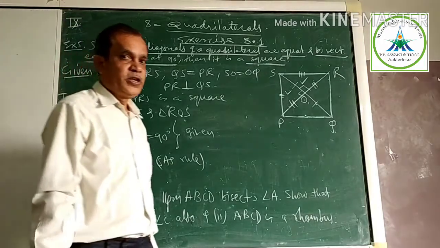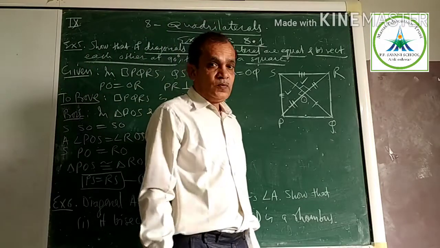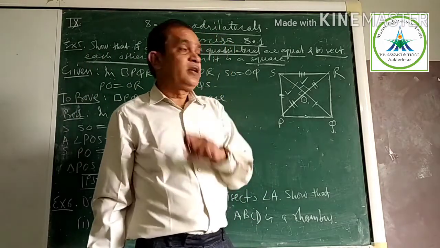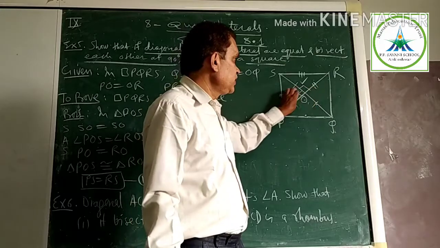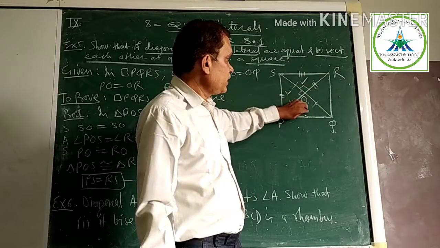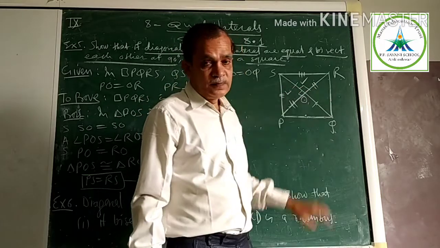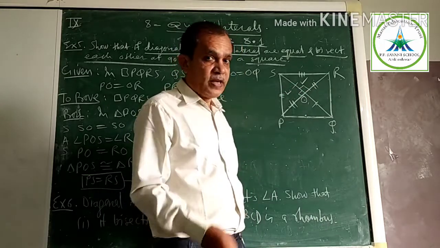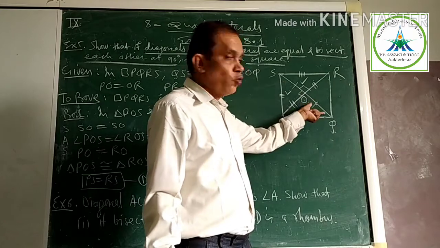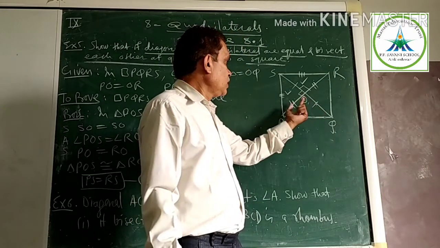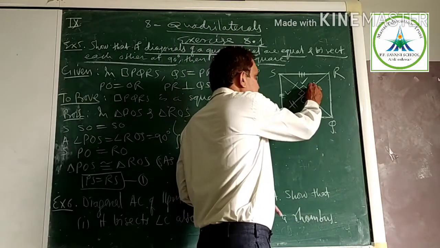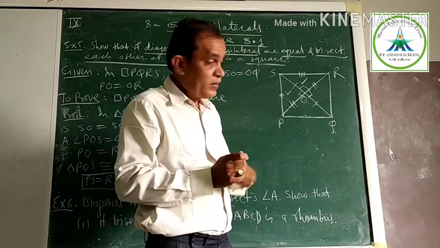Okay. Now see, we will take the other two triangles, either these two triangles or these two triangles. Can you show these two triangles are congruent by SAS rule? Yes. See, SO equal to OQ. Angle equal to angle, 90 degrees, because they are perpendicular.